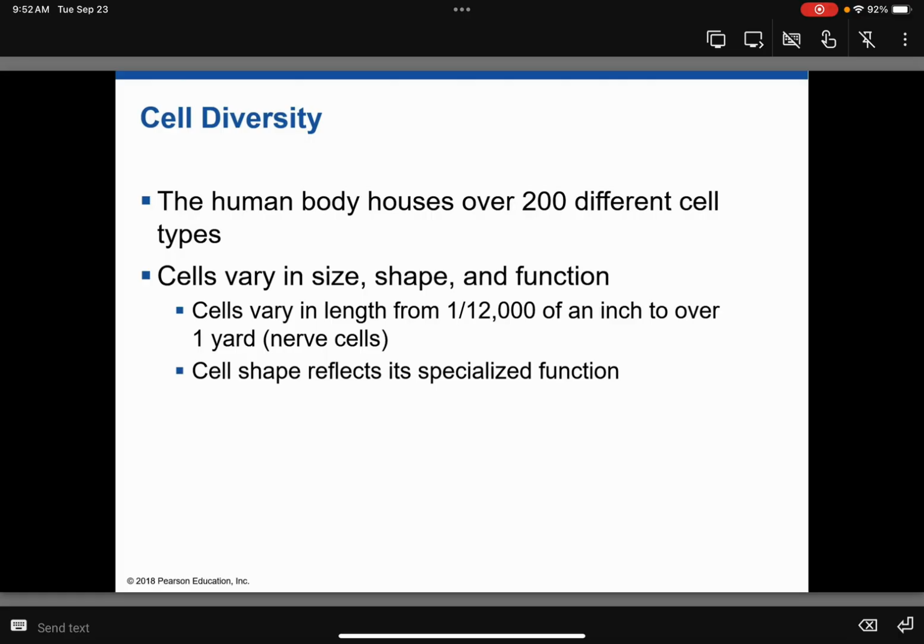If nerve cells weren't long, if they didn't have this really long tail that helps to send signals, what do you think would happen with our responses within our body? Might be limited and might take longer, right? The signal would have to go through several cells rather than just one cell.